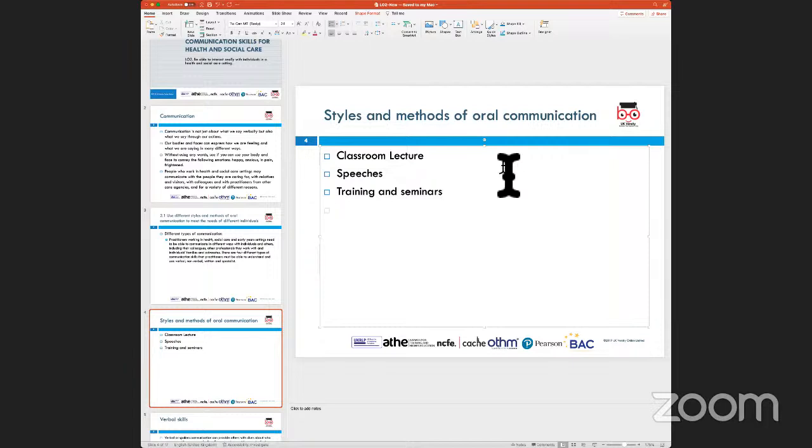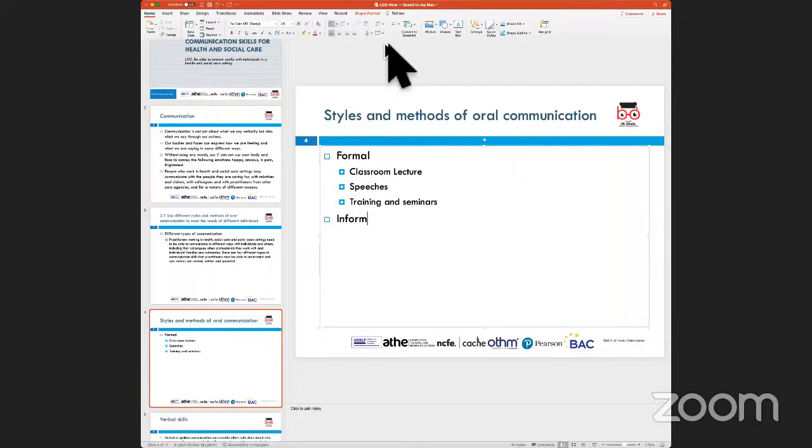Now, these may be termed as the formal part of communication because there is a specific setting, and within those settings, you are receiving this orally or verbally. I could also add, for example, presentations as a route wherein you would do formal oral communication.